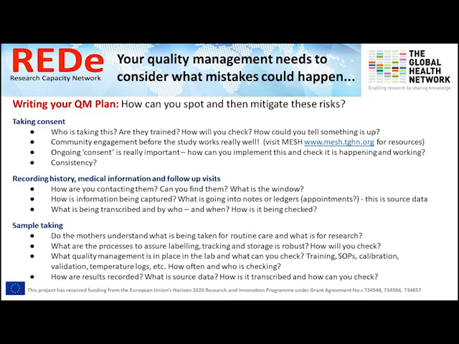So the sampling is perhaps the biggest area where errors might creep in and mistakes can happen. And the first thing that might happen is mothers might refuse to give samples. And again, I really emphasize making sure the mums understand what will be taken anyway for routine care, so they understand how they are and how their baby is, and what's being taken as extra for research.